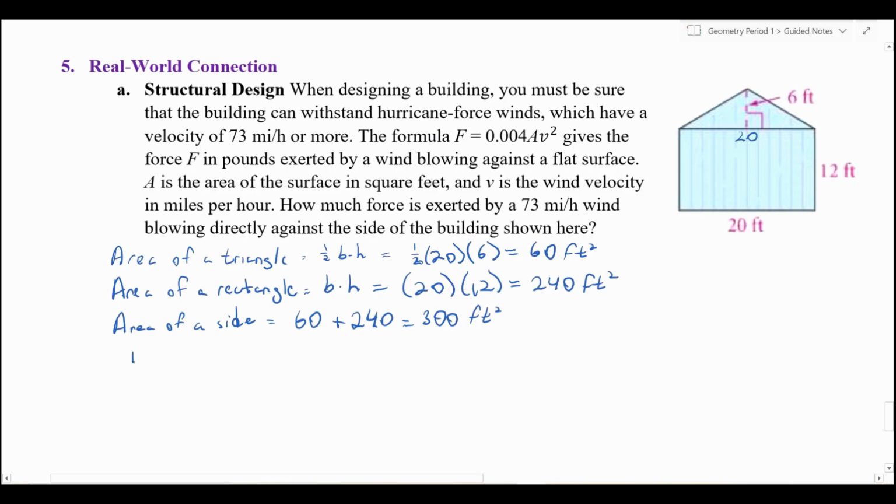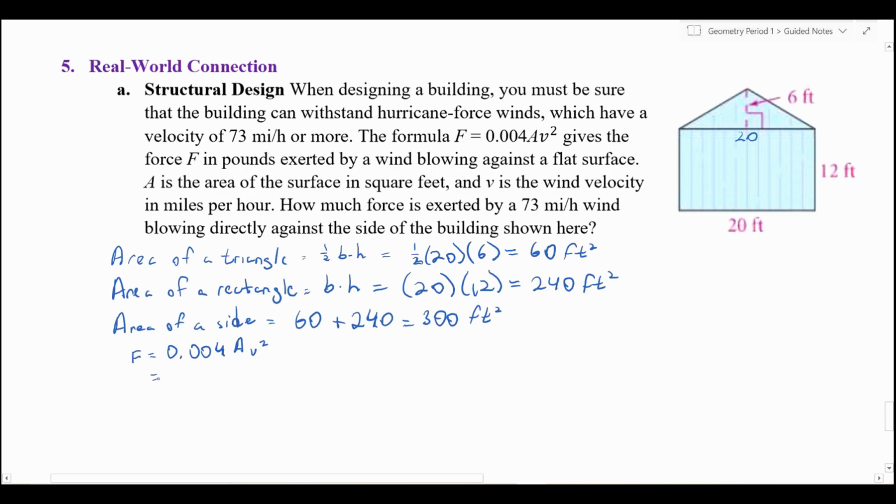So we have force, and the formula we're going to be using is the one they gave us, 0.004 times area times velocity squared.